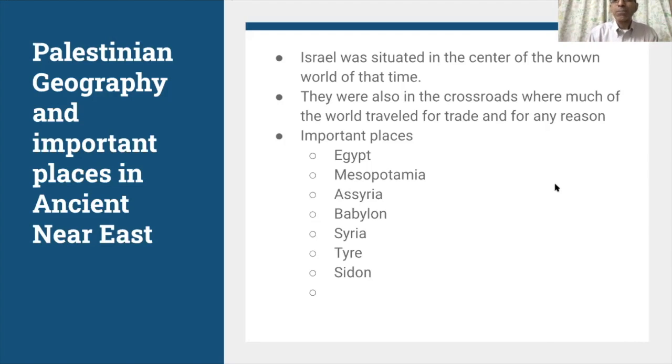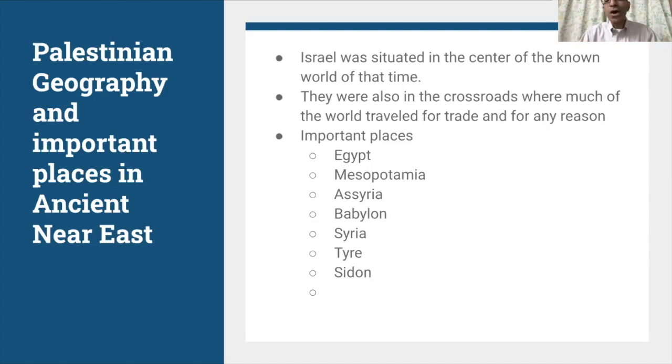Okay, good. So, one of the things that I would like for you to do is to take a map, not right now, but later on. Maybe you can use a map from your Bible, or you can Google it and find a good map and try to locate some of these places and other important localities on the map, and take a white paper and draw that map as best as you can.